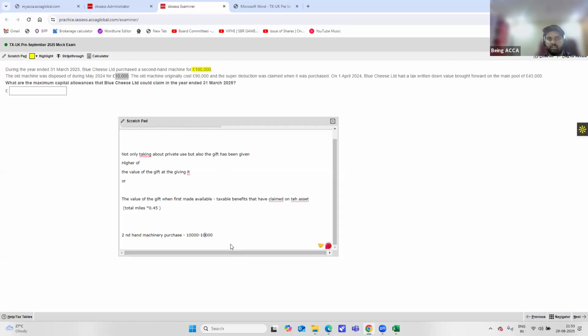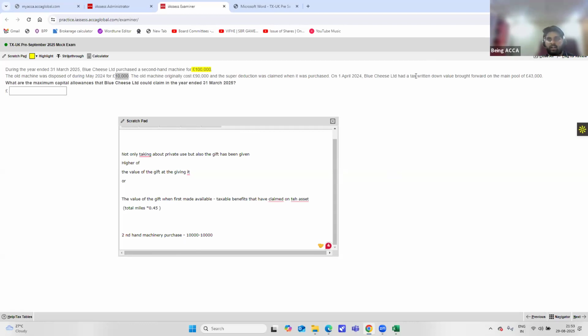If super deduction was claimed on an asset, then at the time of disposal, whatever the proceeds received will be acting as a tax charge and they should be deducted from the total capital allowances. And they will directly go to the capital allowances column and should not be a part of the main pool column or the special rate pool columns.